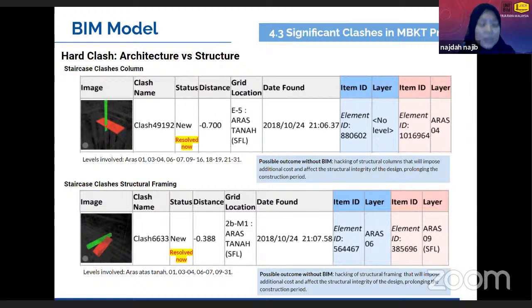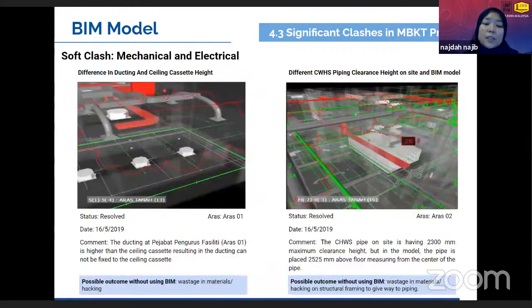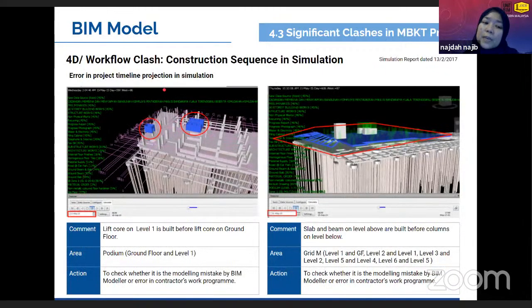What were you talking about just now? You were talking about the 4D simulation, the construction simulation. I just wanted to know if you got any information on how they did this construction simulation model. Did they get it from the contractor's CPM, or did the BIM consultant place it themselves?